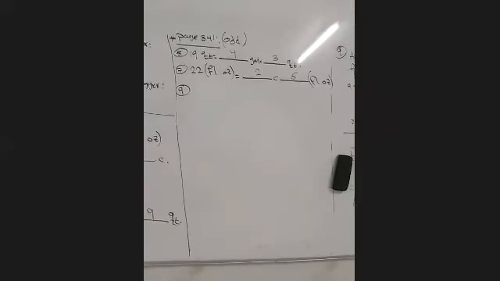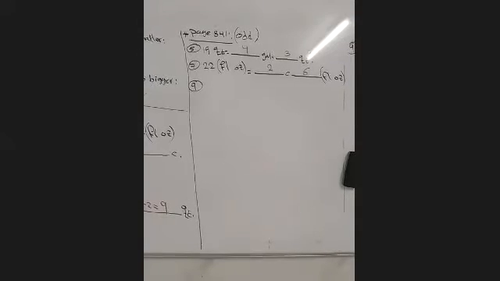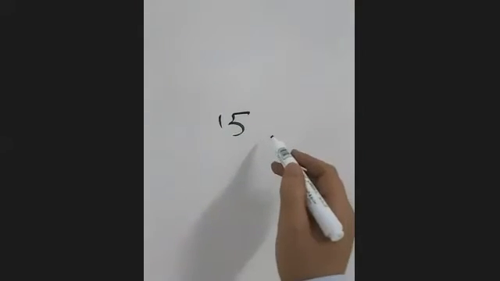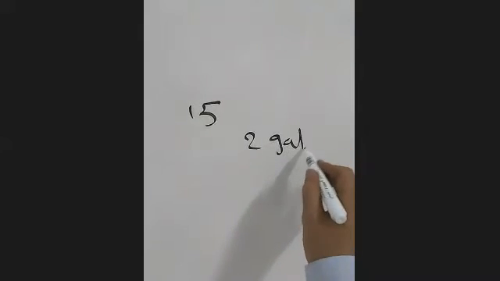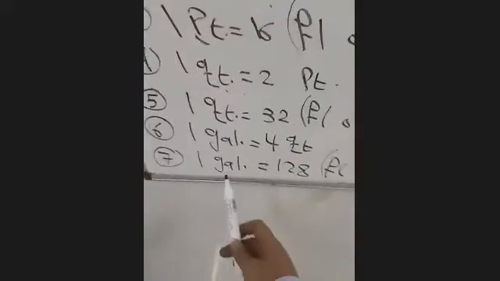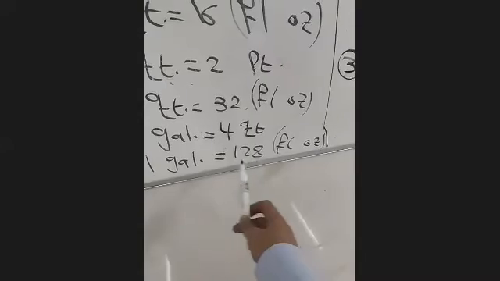If we have 2 gallons and he wants the fluid ounces, what do I have to do? From gallon to fluid ounces, from bigger to smaller, we multiply with 128.